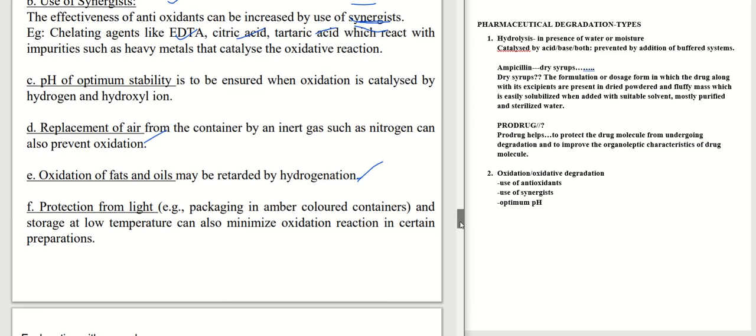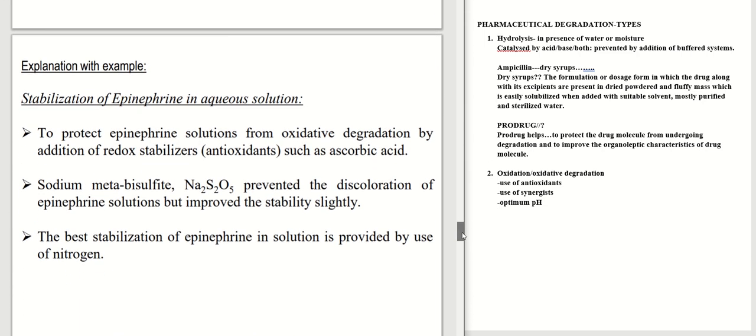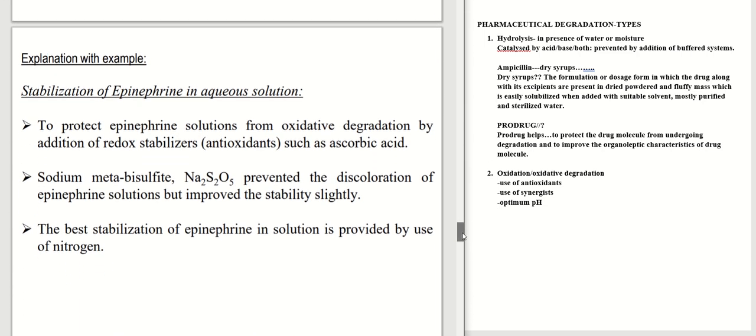Now, this is one of the classic examples given in some of the journals or textbooks. Example, epinephrine, it is a drug. This drug will undergo oxidative degradation. But when we add antioxidants like ascorbic acid, we can protect the drug from being degraded.